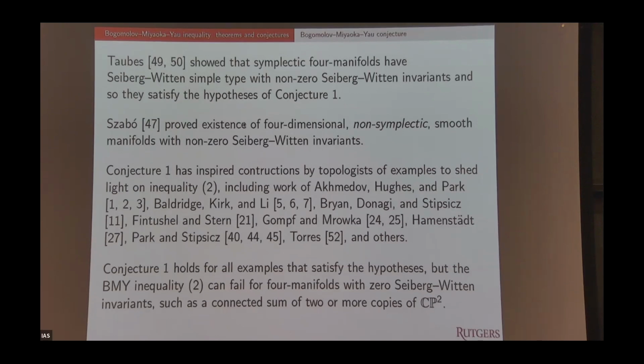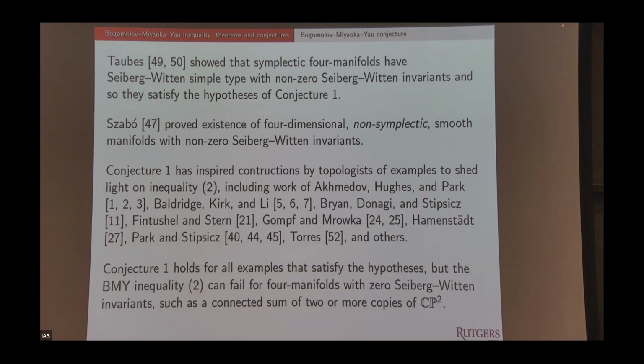So there's been a whole series of efforts by topologists over the years to construct counterexamples, if they can, to the inequality. So symplectic four manifolds whose characteristic numbers violate the BMY inequality, or find a proof that's intrinsic to symplectic four manifolds.